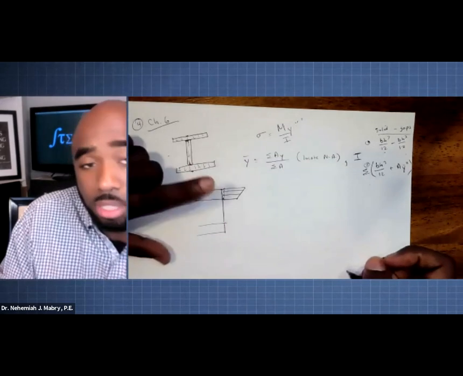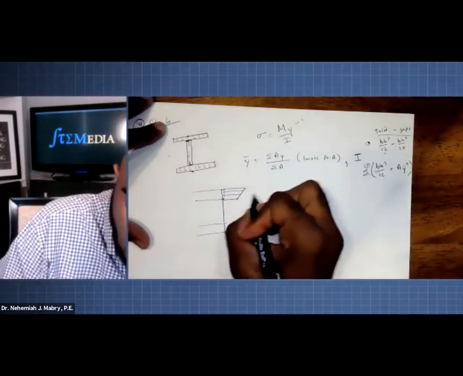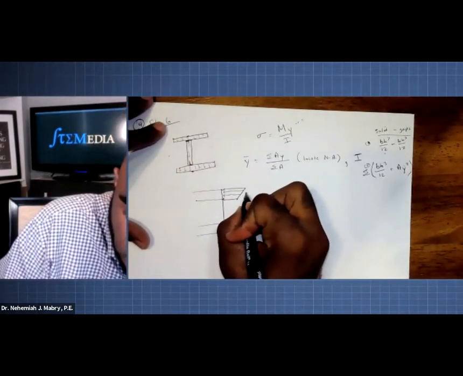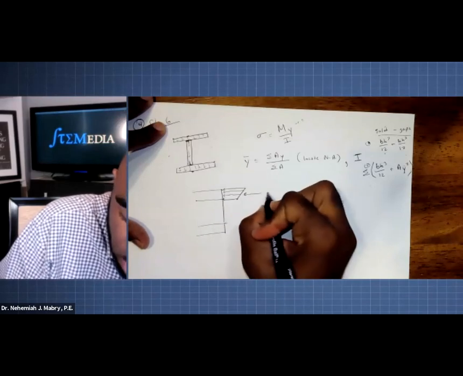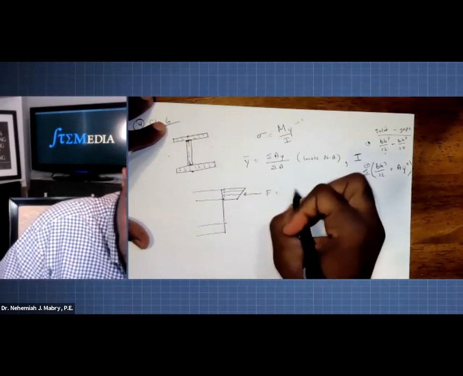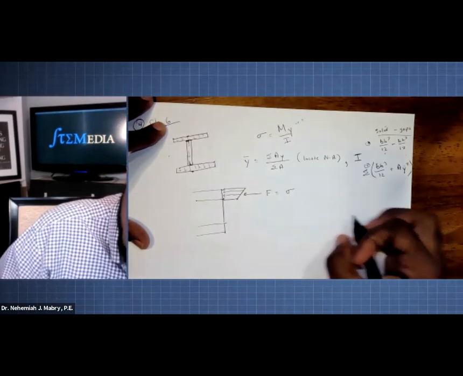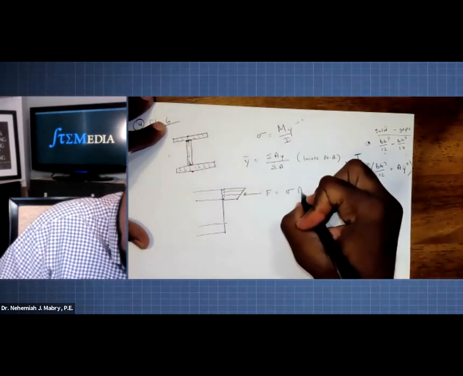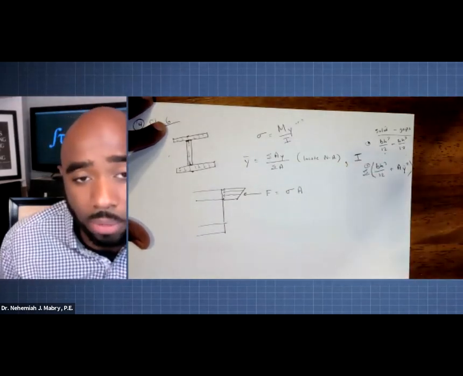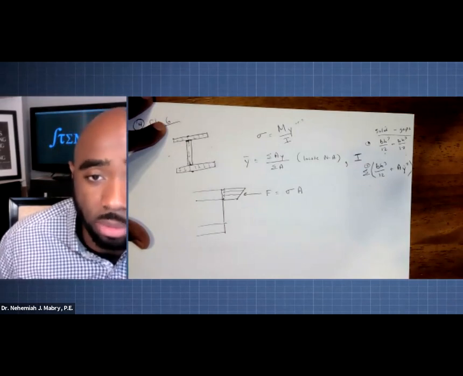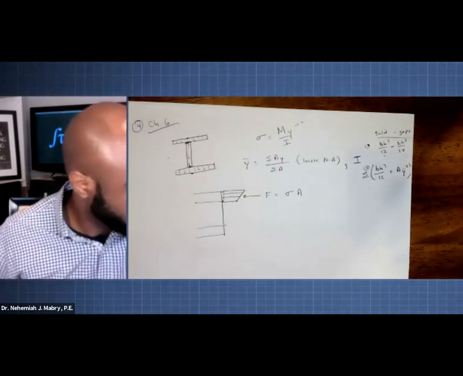If you know that this is the stress, remember the force on the top board, which it could ask you, is equal to the stress on the top board times the area of the top board, the top flange. So make sure you keep that in mind as well for chapter 6.